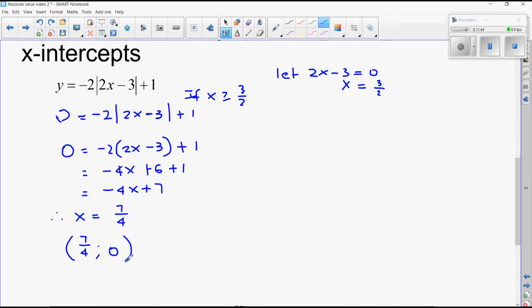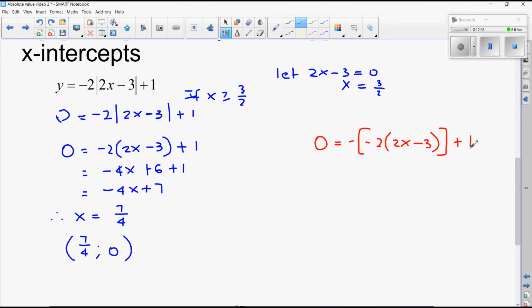I have another x-intercept when the value between my absolute value signs is negative, according to my definition. So I am going to write it as 0 equals minus 2 times the negative of 2x minus 3, plus 1.